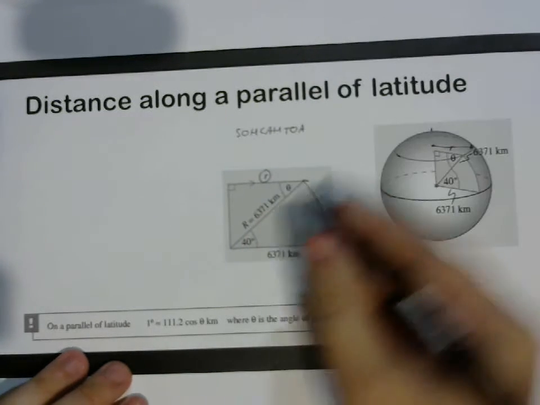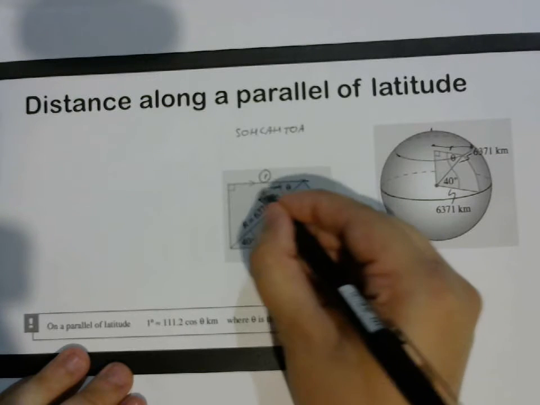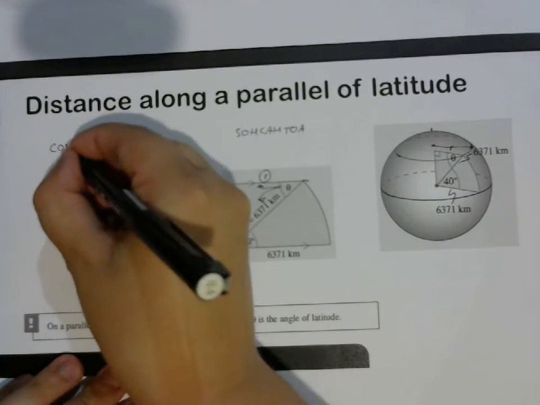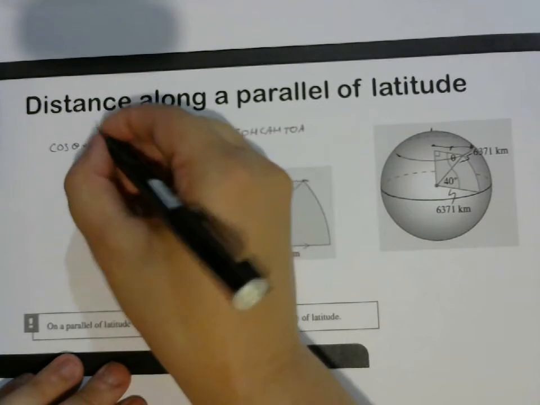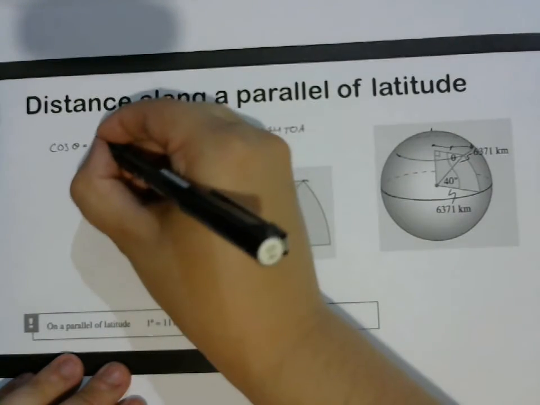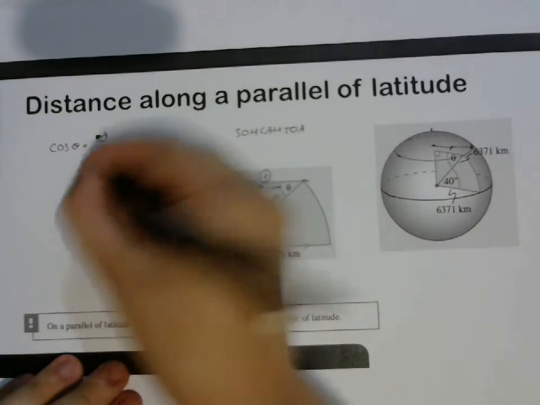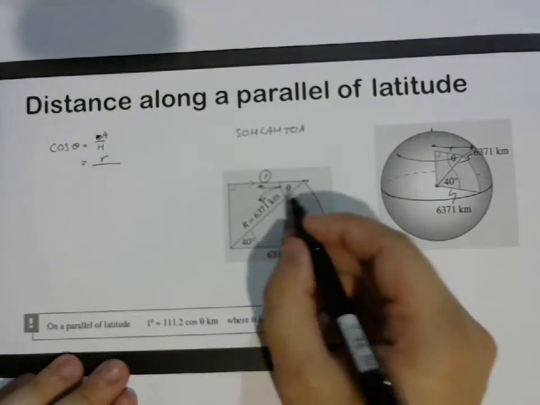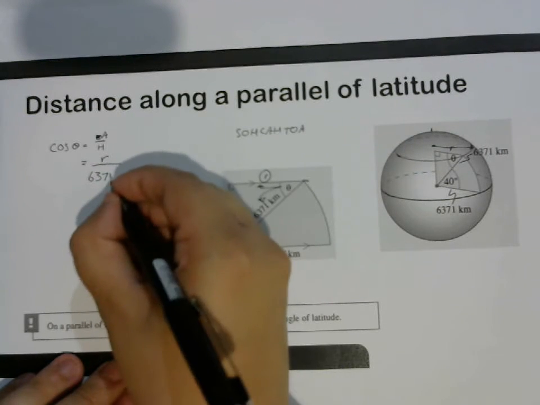We know from SOHCAHTOA that when we have the hypotenuse and the adjacent side, we use cos. So cos of my angle equals the adjacent over the hypotenuse. The adjacent in this case is the radius that I want to find, divided by the hypotenuse, which is the radius of Earth.